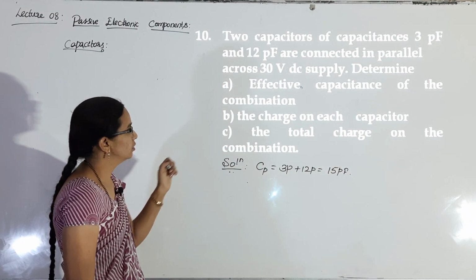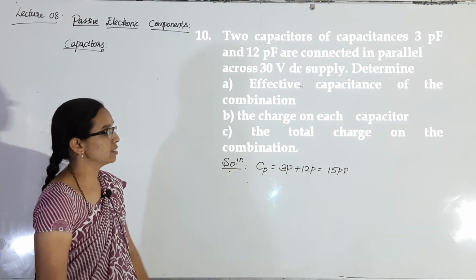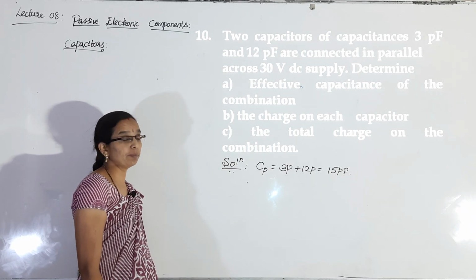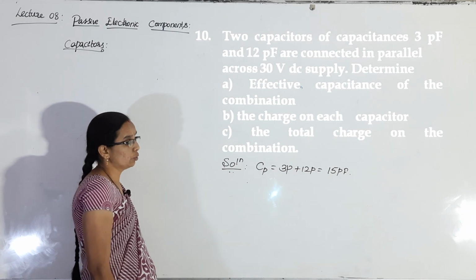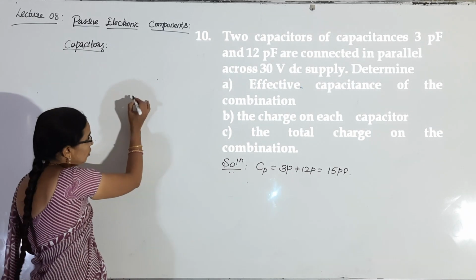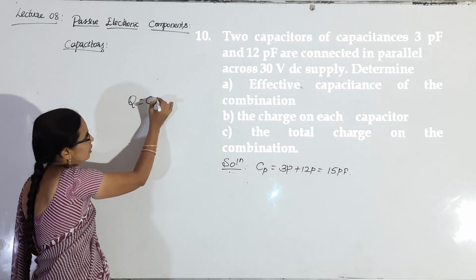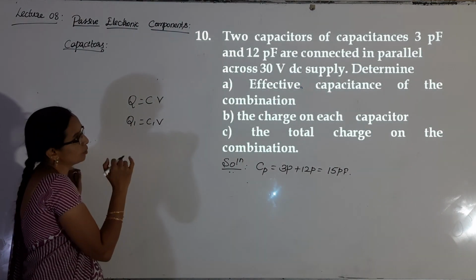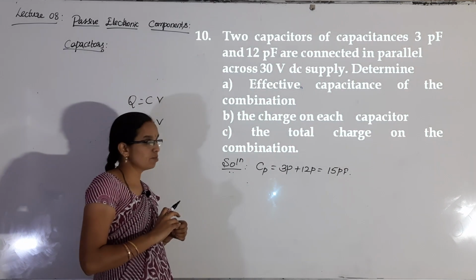Next, determine the charge on each capacitor, because this is a parallel combination, the charge will divide. So Q is equal to the basic formula CV. Q1 is equal to C1V, because it is a parallel combination, the voltage remains the same.